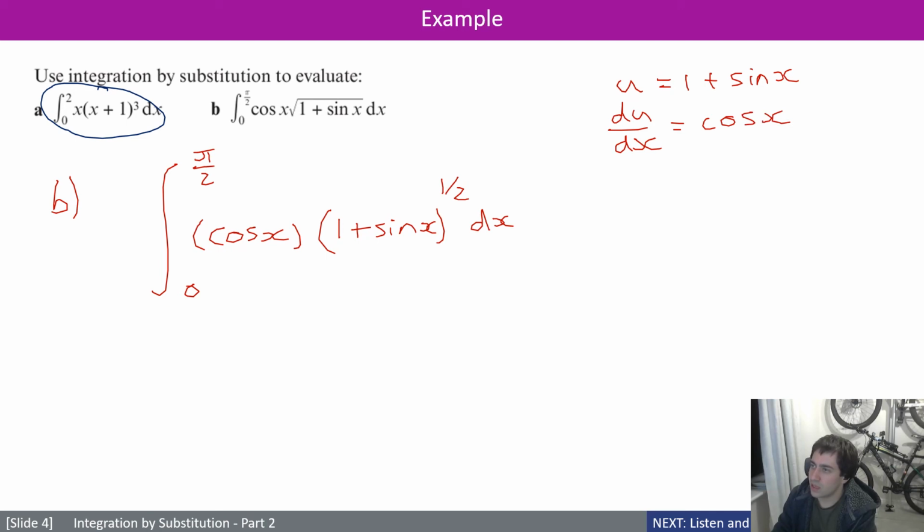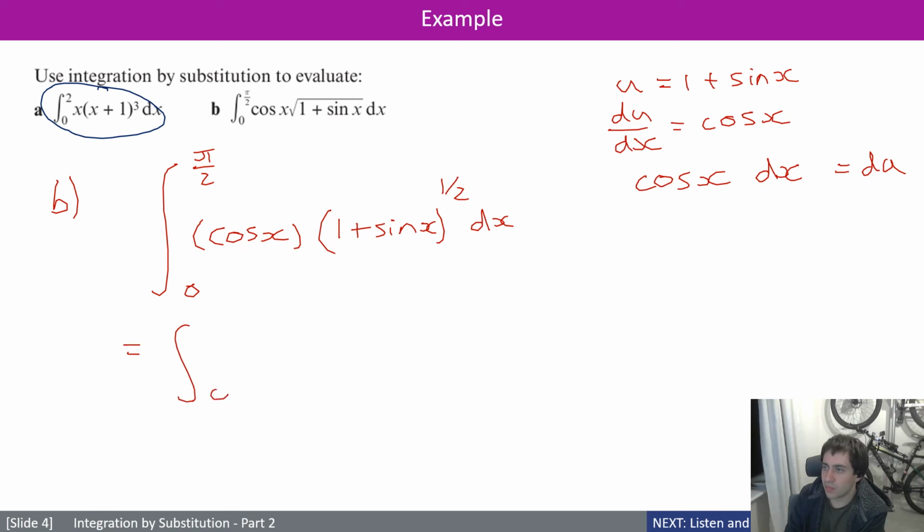So in this case, this comes out quite nicely actually. Cos x times dx equals du. So I'm going to make use of that, because if we rewrite this so the cos x is on the left hand side, then we get this, and we can see quite nicely that this thing is just going to end up being du.